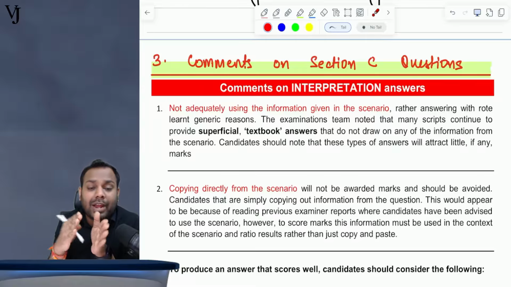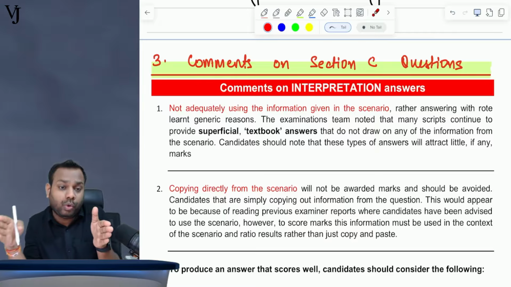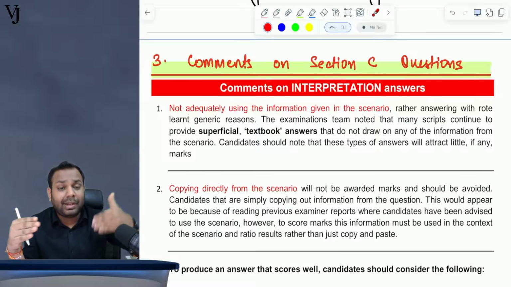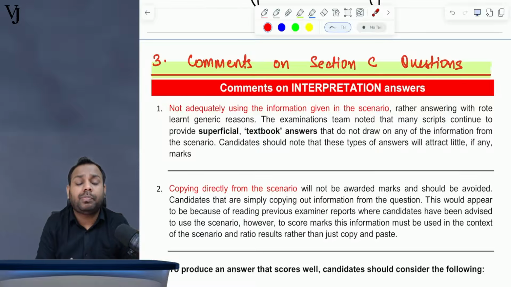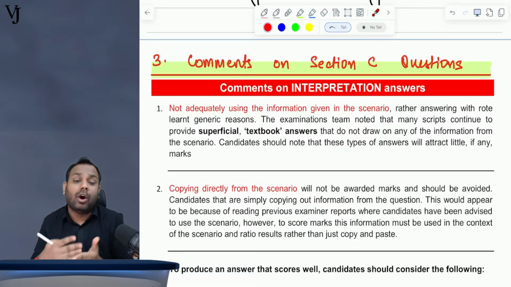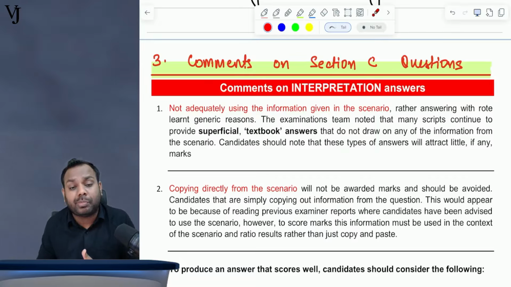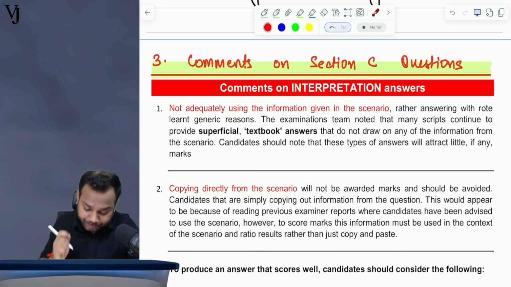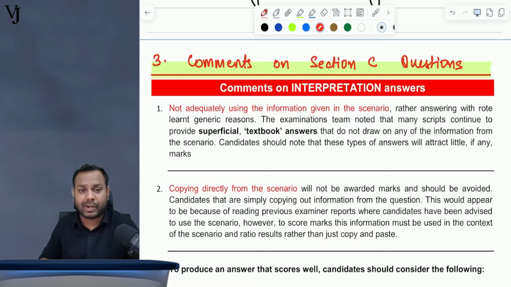Here I have divided this part into 2 parts. One is interpretation and one is numerical questions, that is preparation of single entity financial statements, that is SOFP, P&L or cash flow, or preparation of group financial statements, that is group SOFP, group P&L. Now let me discuss that with you.